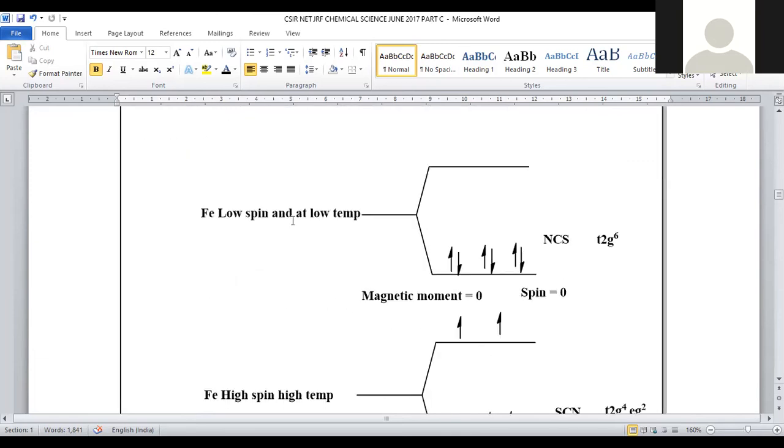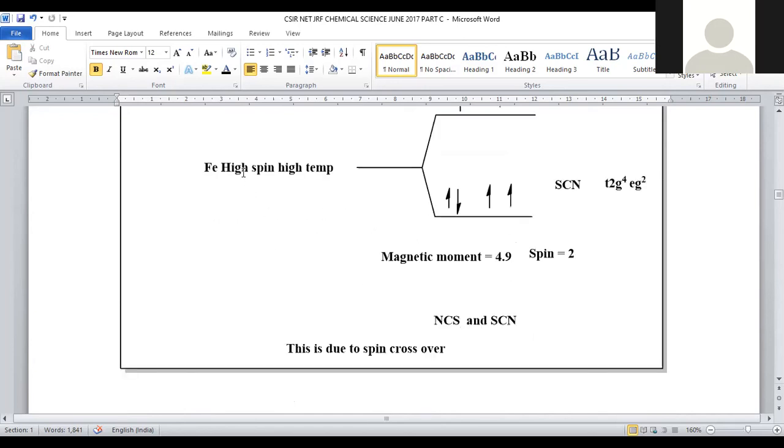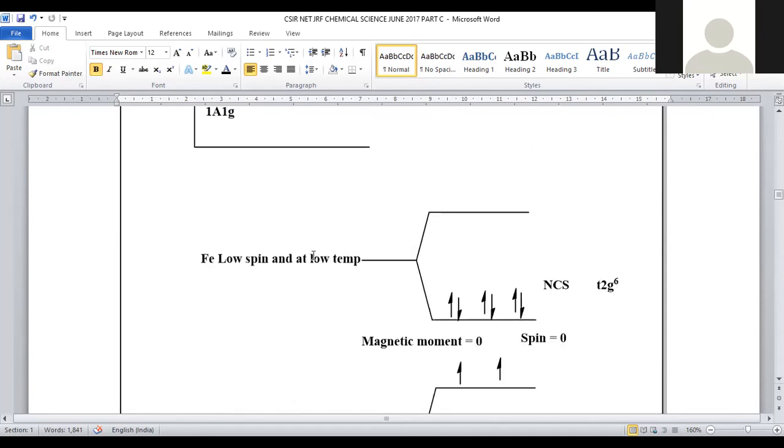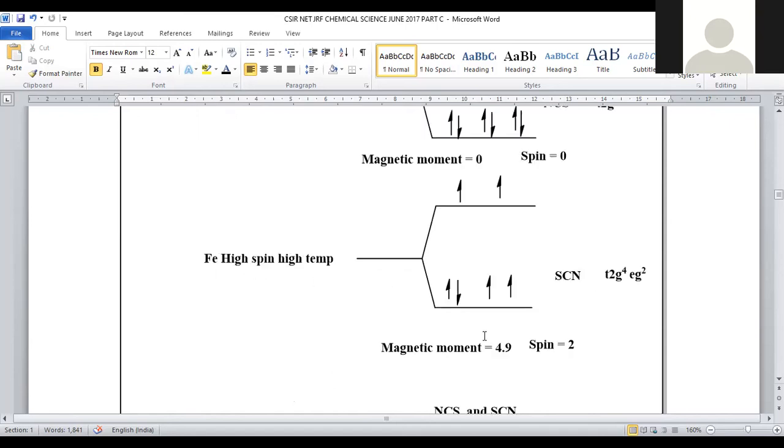Again, we can explain the temperature effect also. The low spin complex can be conveniently shown at low temperature, and the high spin complex can be exhibited at high temperature. When temperature is lower, the linkage will be in this manner, NCS, and it works like a low spin complex.